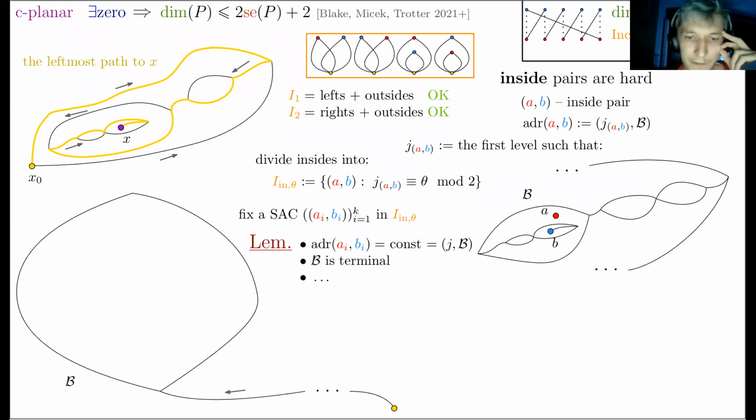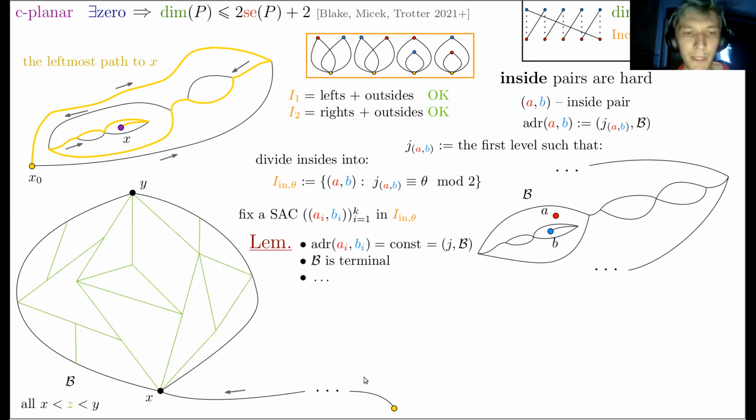So let this be x naught. We can be buried very deeply, but we finally get to this block B, in which all the action happens, because we now know that all the action happens in exactly one block with this cycle. Next we draw all those elements which are in between this x here and this y here, so those are elements which are above x and below y.